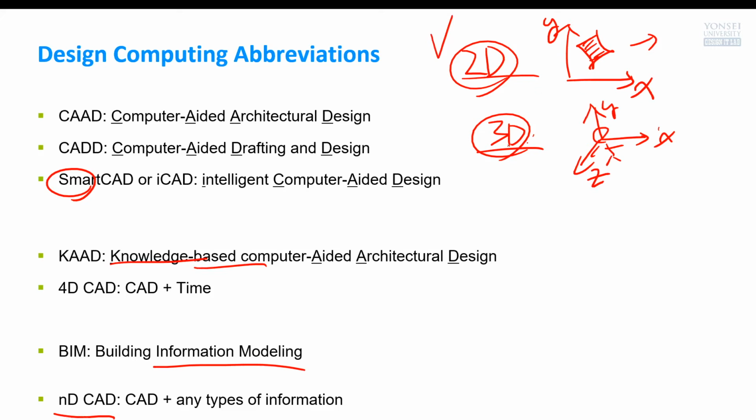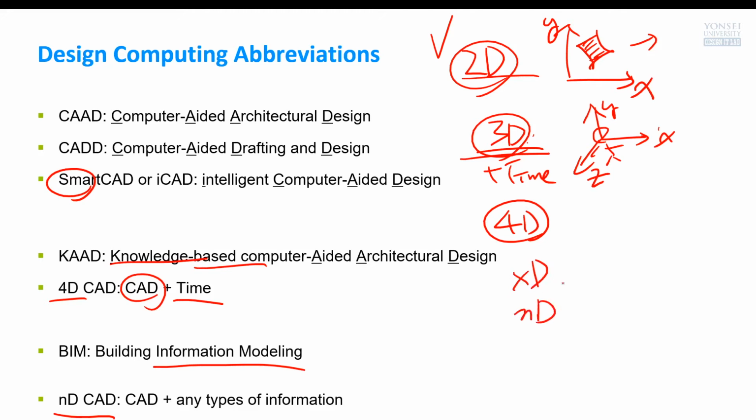That is why we say 2D and 3D. D means dimensional, right? But what is 4D? 3D CAD plus a time axis, that's 4D. But actually XD or ND is okay nowadays, because any type of information can be appended on top of 3D, 4D, 5D CADs, okay? That's the point.